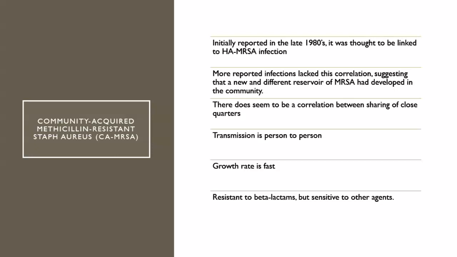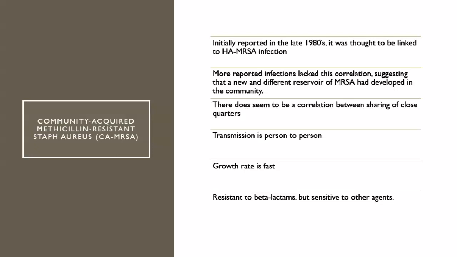More reported infections lacked this correlation, which suggests that a new and different reservoir of MRSA had developed in the community. So it's really unsure whether one caused the other, or whether the other one just developed on its own. There does seem to be a correlation between sharing of close quarters, though, and transmission is still person to person.